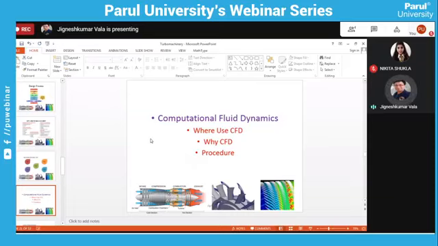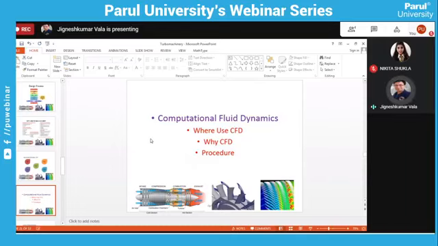So it is a tool for solving partial differential equations, or the three fundamental equations, like we know: conservation of mass, conservation of energy, and conservation of momentum equations. And computational fluid dynamics has advantages as well as disadvantages. There are different types of methods like the experimental method, the analytical method, and as I told you, the numerical method, or we can say computational fluid dynamics.